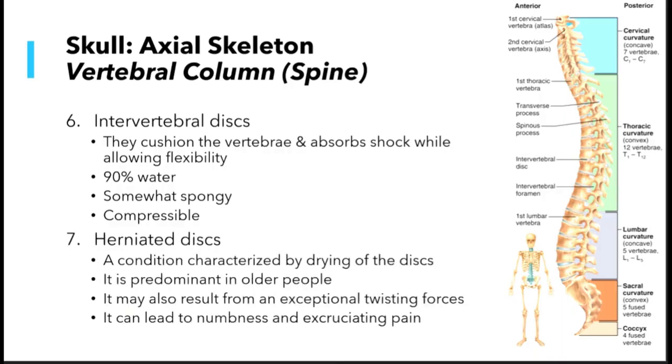So we have this condition known as your herniated disc. It happens when the protruding disc presses on the spinal cord or spinal nerve and exits from the cord.